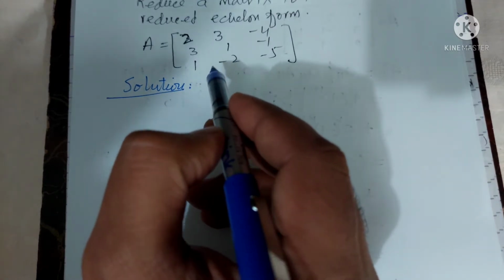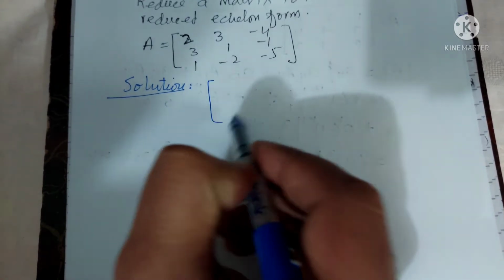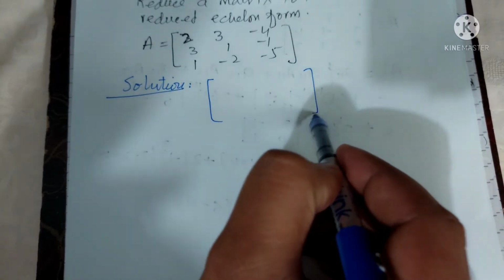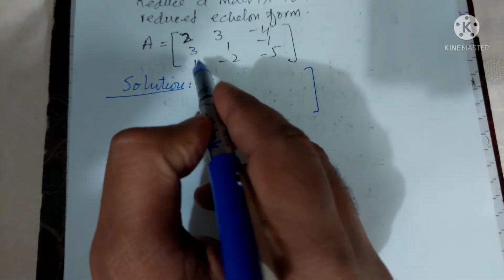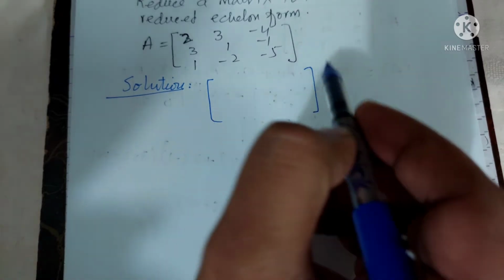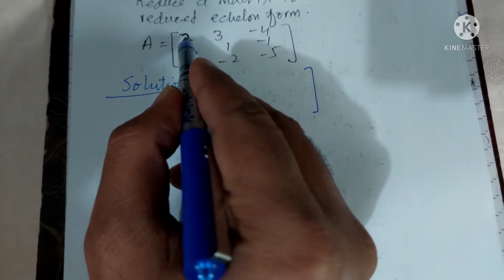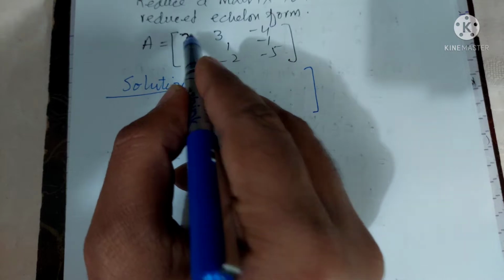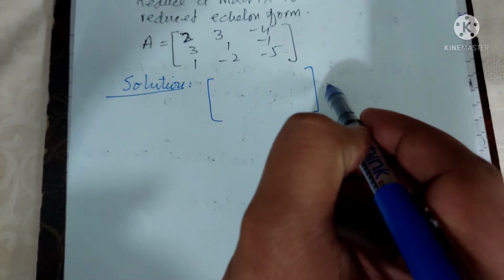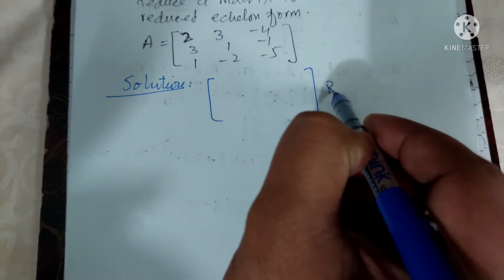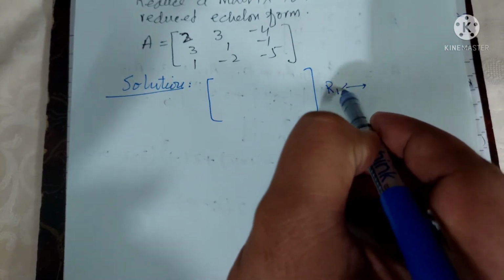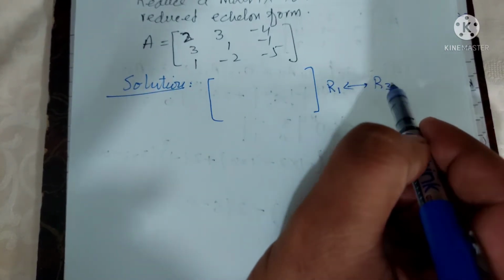Okay, our first step is we have to replace row 1 with row 3 because we want that 1 in the place of the first element. So for this we have to replace row 1 with row 3, right?